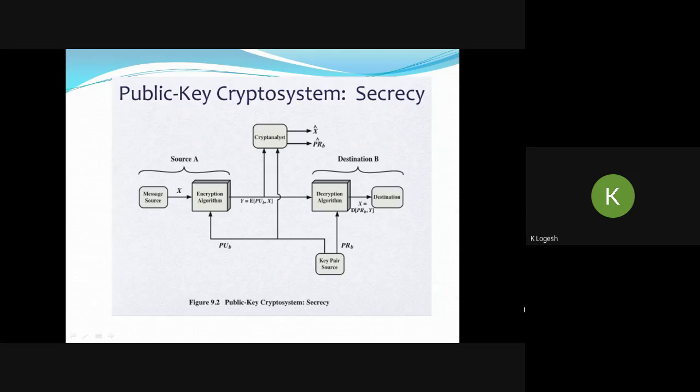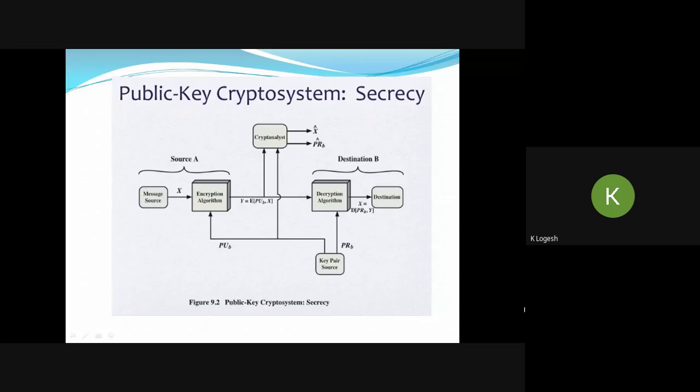So using B's public key, A will encrypt the message. The message, meaning plain text, is considered as X, and the ciphertext is considered as Y. So Y equals E of PU of B, which means B's public key, and X. Then we are creating Y.